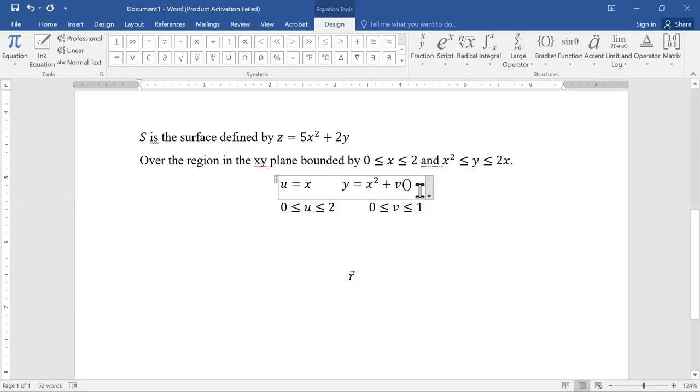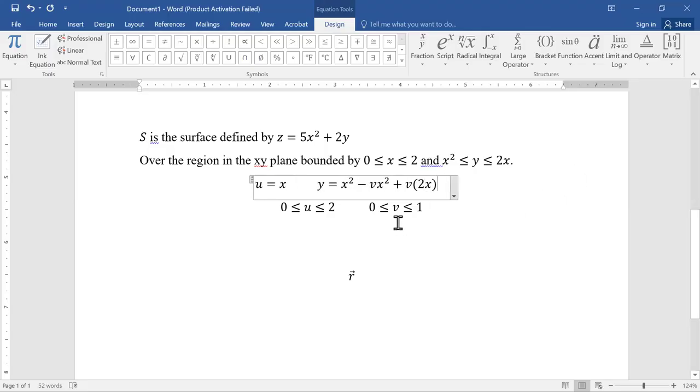Well, when I plug in v of 1, if I want 2x, I'll also have to get rid of this x squared. So it'll be 2x minus x squared times v. Now, oftentimes I don't write it that way. What I do is I'll write minus v times x squared and then plus v times 2x.